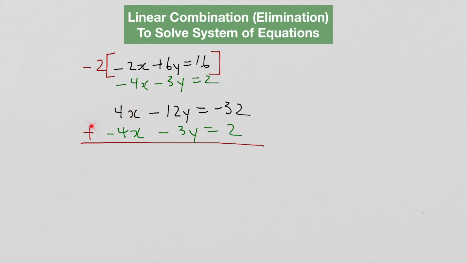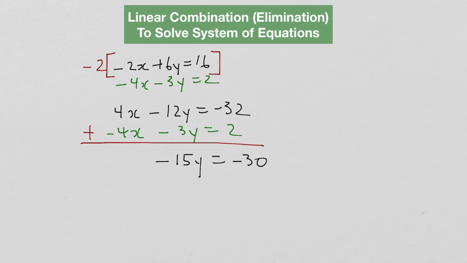4x plus -4x, that's gone. So we can go on to the y. -12y plus -3y is -15y. -32 plus 2 gives me -30.